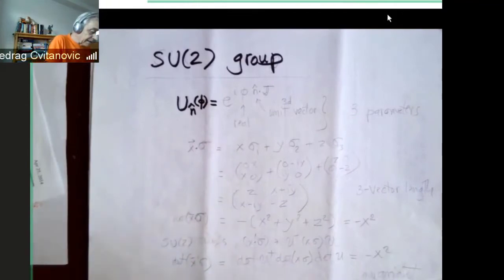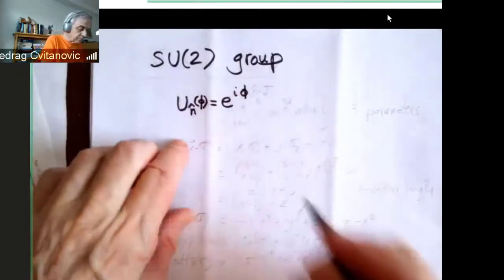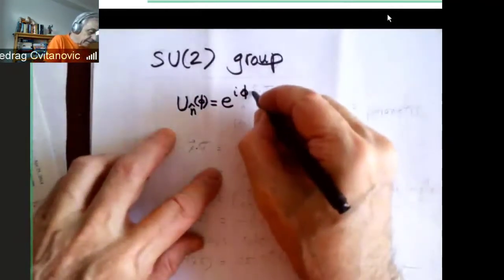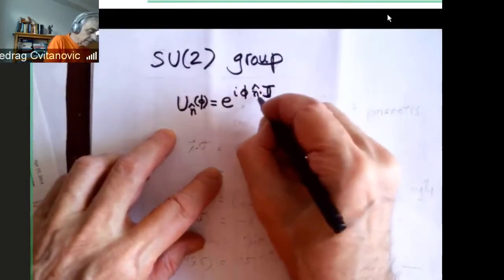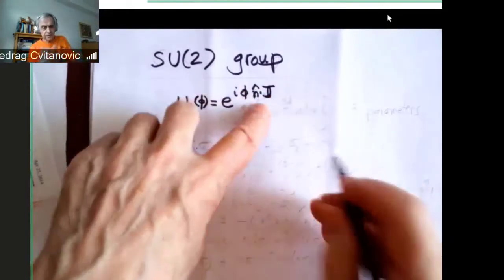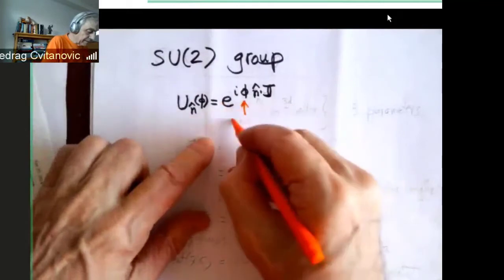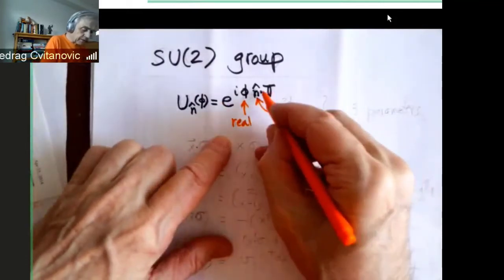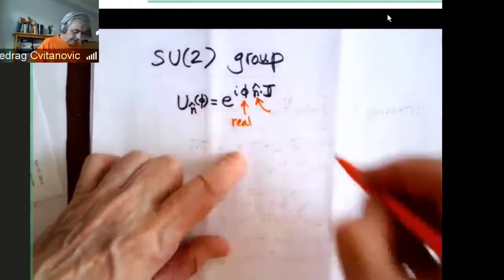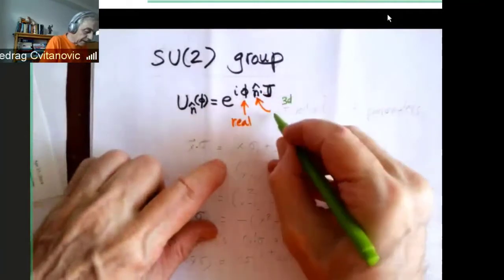So you can write it elegantly as: I always rotate by an angle in a direction. This projects the axis from these 3 generators of the group. This number is real. This one is because we have 3 generators. This is a 3-dimensional unit vector.